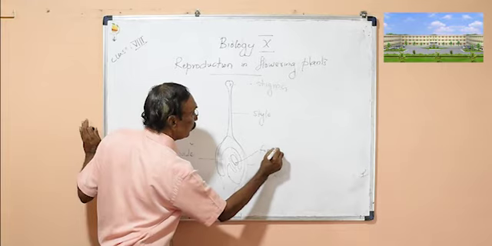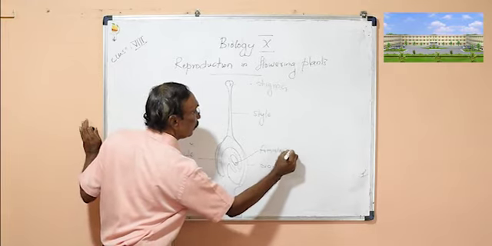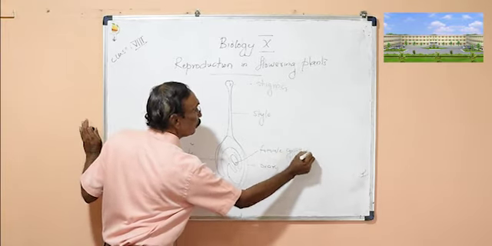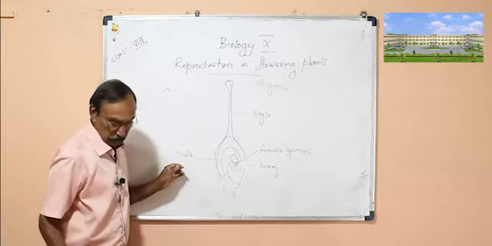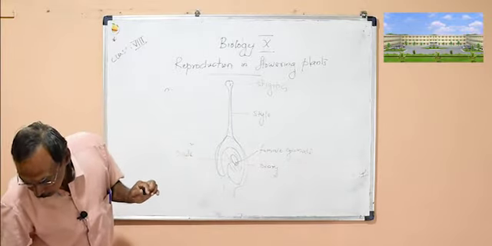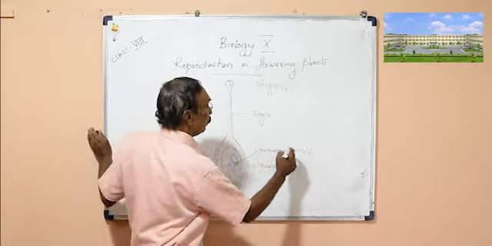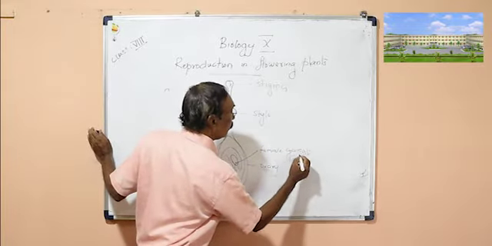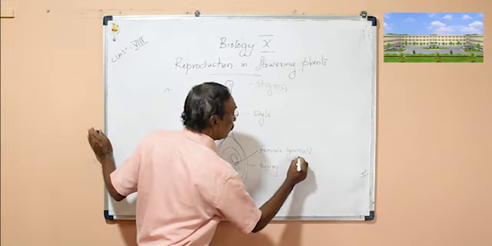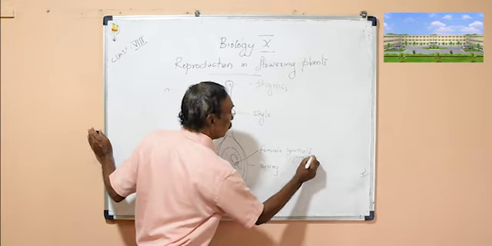This part is called the female gamete or egg. Another name for gamete is germ cell, so female germ cell. In the textbook, it is germ cell.